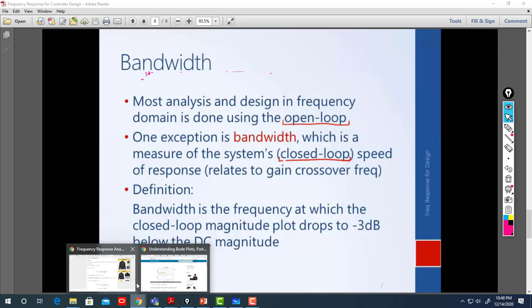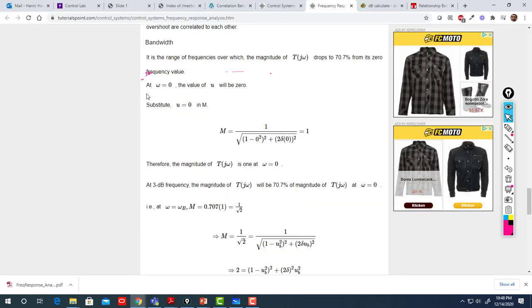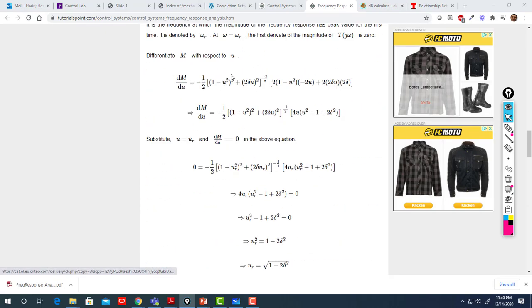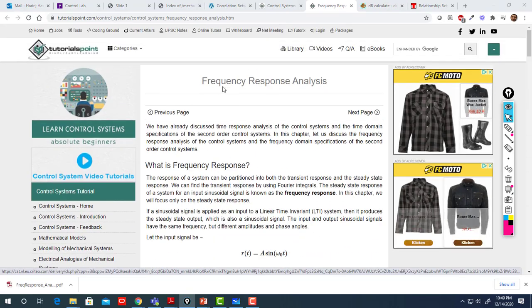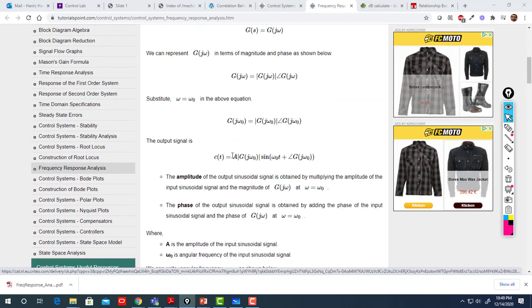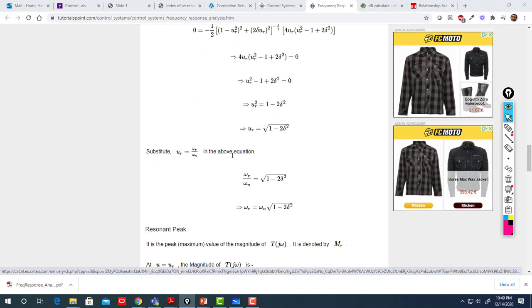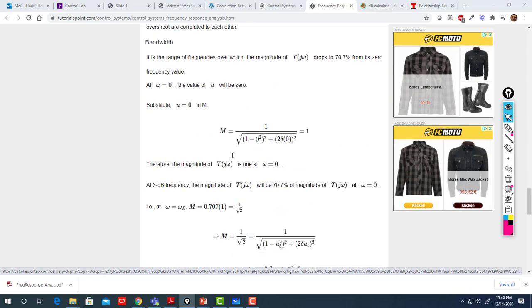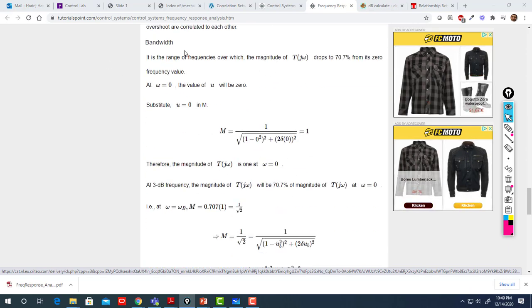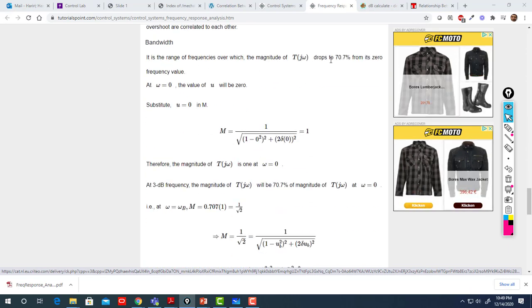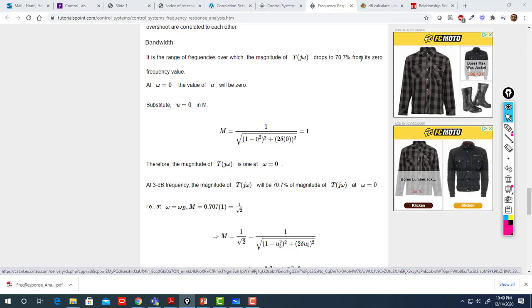Alright, I'll be showing you the relation. If you go to this link, you can see the relation, starting from the fact that the definition of bandwidth is where the response drops to 70%.